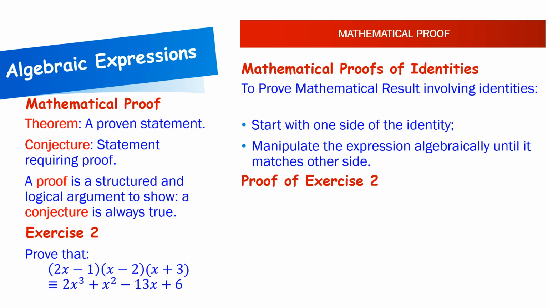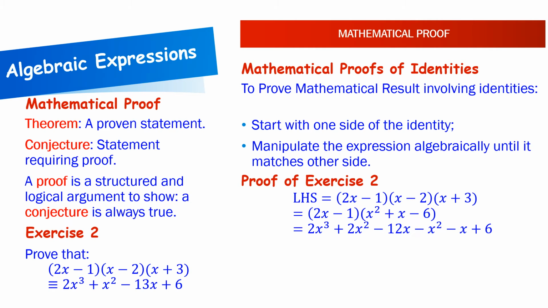So let's solve this. We're going to begin with the left-hand side again because it's easier to expand and cancel. So let's multiply out the brackets. We multiply out the last two brackets first, as shown. And then multiply out the rest.